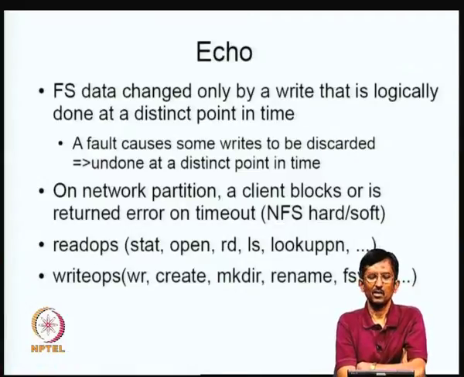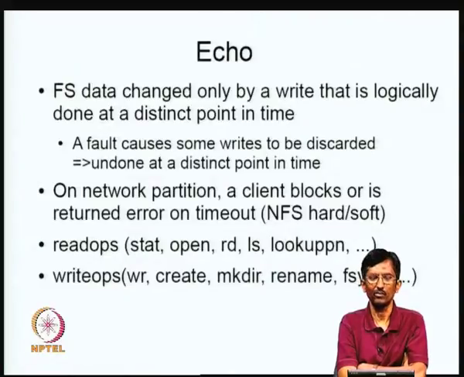So again, to be able to do this, they have a particular model. Basically, file system data is changed only by a write, that is logically done at a distinct point in time. That means even if it is done over a period of time, you can logically see it as being done at precisely one single point in time. Essentially similar to what we discussed in the case of serializability in databases, or the closely synchronous model for message delivery.